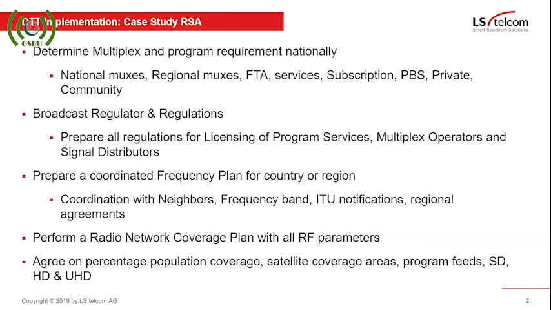So if we look at broadcast, the regulator and regulations: before any of these developments or transmissions can happen, the regulations need to be prepared for licensing of the different program services as we defined above. We need to look at the multiplex operators and at the signal distributors.